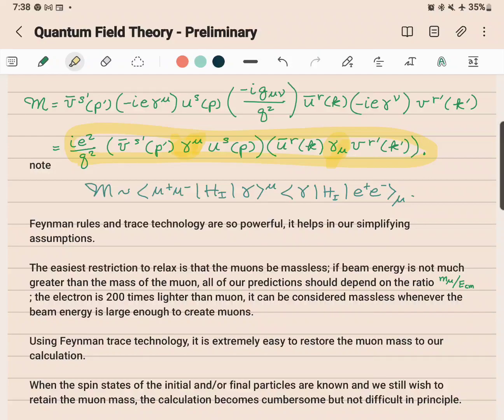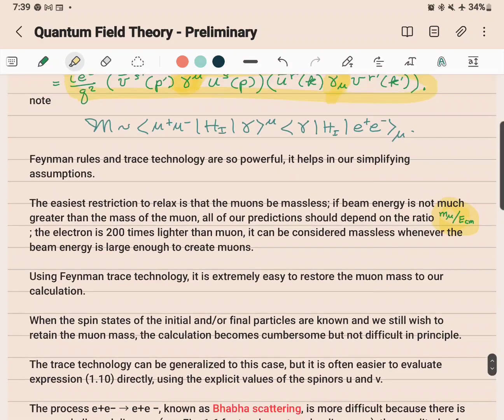The easiest restriction to relax is that the muons be massless, if the beam energy is not so much greater than the mass of the muon. All of our predictions should depend only on the muon mass over the energy of the center of mass. The electron is actually 200 times lighter than the muon, so it can be considered massless whenever the beam energy is large enough to create muons.